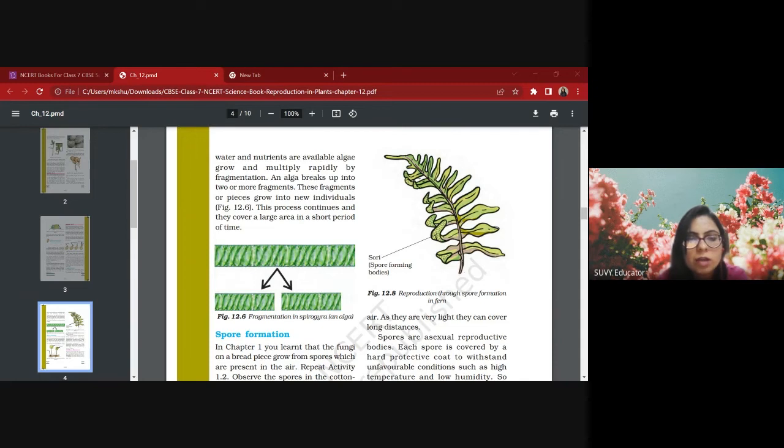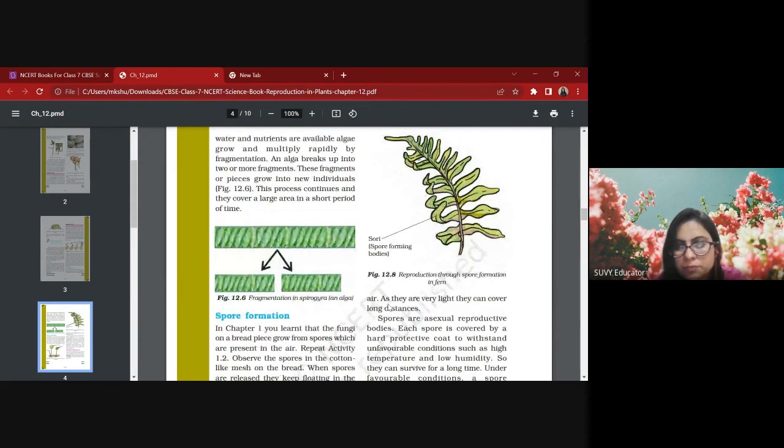Its body is like this. What will happen after some time? This whole body will convert into fragments. It will break, and it will become 3 fragments. Okay. Now what will happen? Each fragment will convert into a new plant. So this process is known as fragmentation.